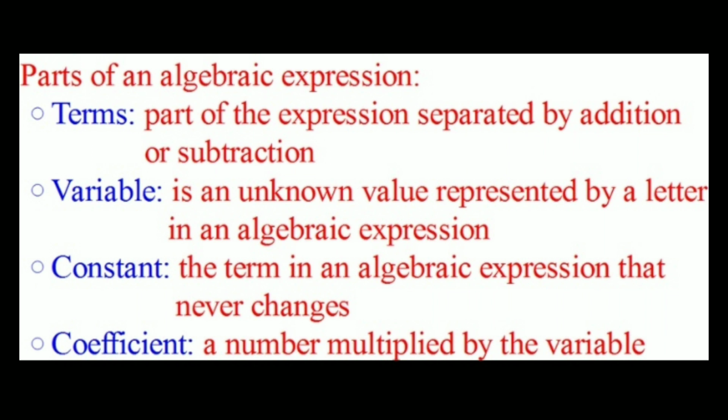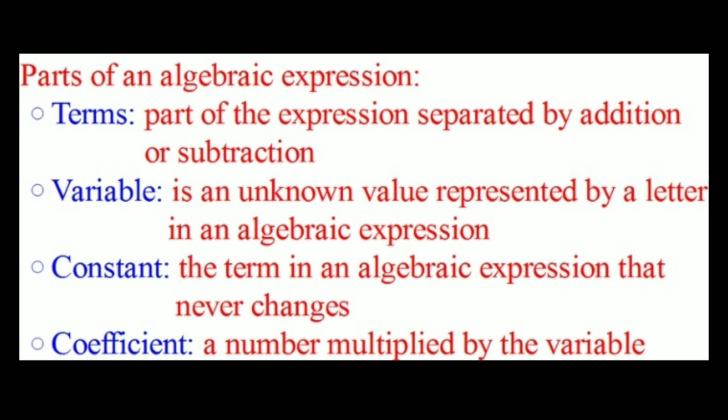Fourth, coefficient: a number multiplied by a variable. And last, operation: which type of operation is used in an algebraic expression? There are four mathematical operations: addition, subtraction, multiplication, and division, used in algebraic expressions.